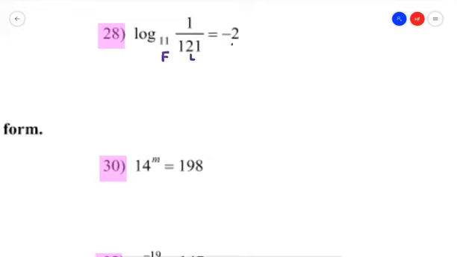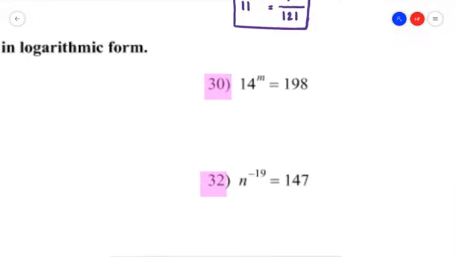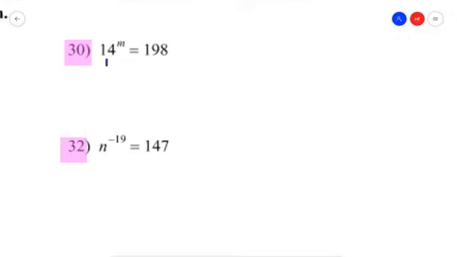First, last, middle. 11 to the power of negative 2 is equal to 1 over 121. Then on the next section, we're writing it in logarithmic form. Again, we're going to be using first, last, middle.